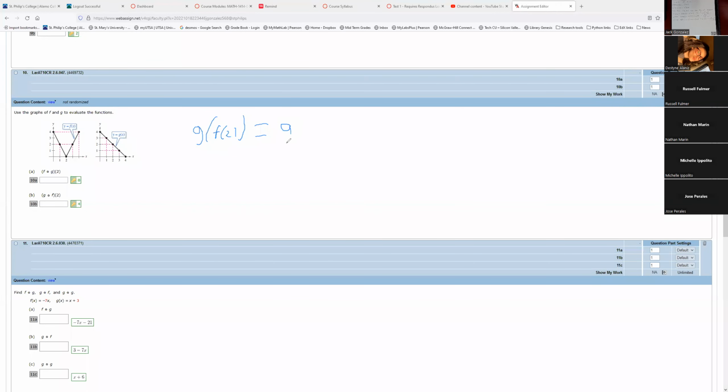So that would be g of 0, which is a 4. 0 is right there. Ah, okay. I guess I skipped that part. Didn't think we had to go back to the other graph. Yeah. Just remember what this means, right? Break it down little by little so you don't get it all backwards.